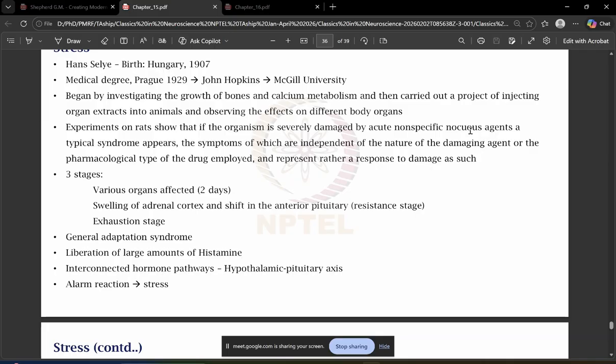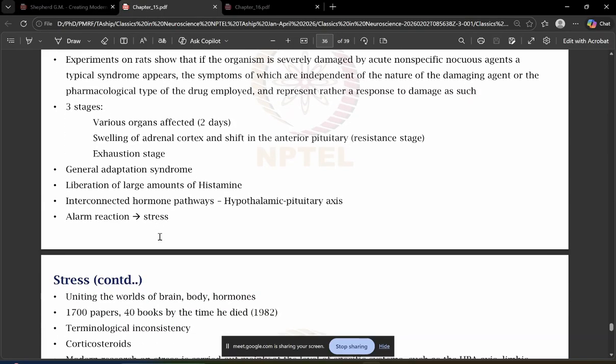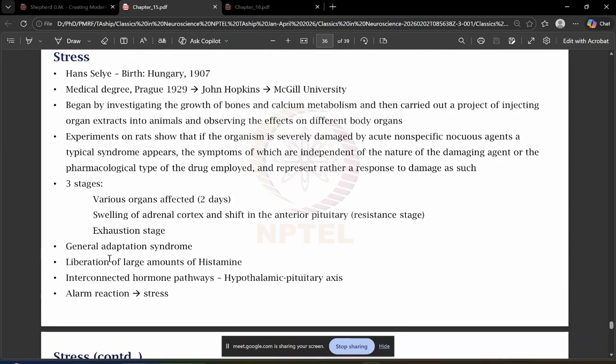It is not based on the nature of the damaging agent. It is a general response to damage itself. And he termed this syndrome the general adaptation syndrome.